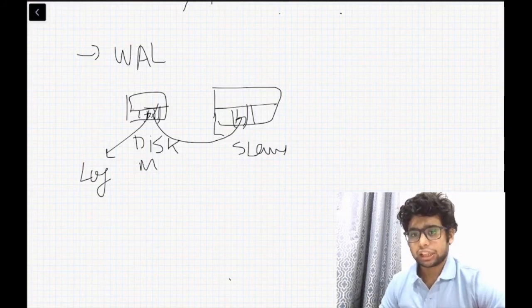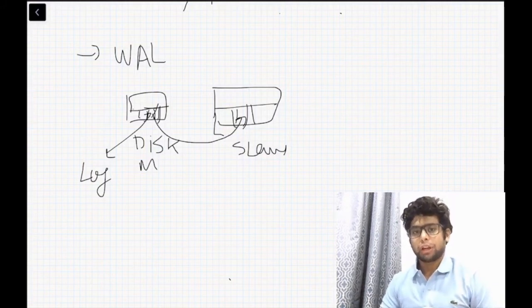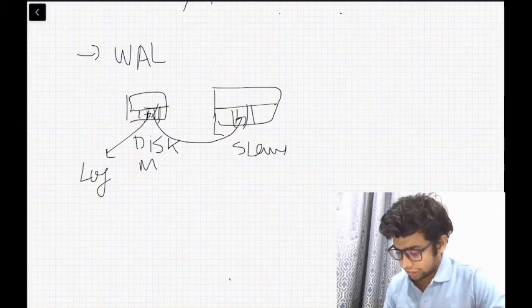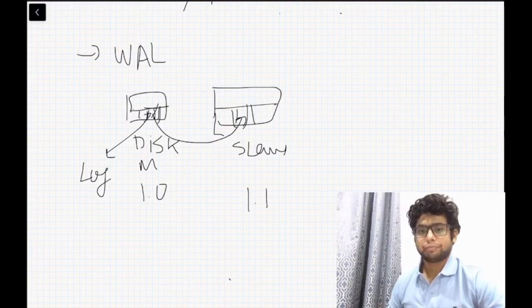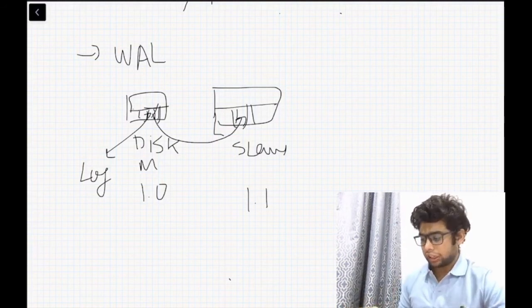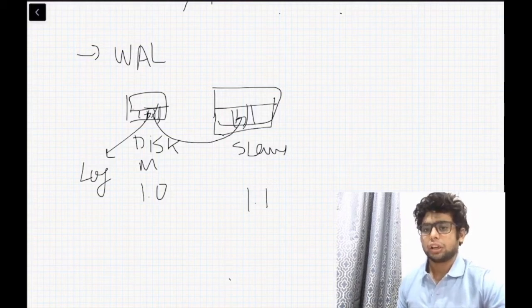The disadvantage of this is that, let's say I want to upgrade my system. So master is at version 1.0 and slave is at 1.1. I can't do this because the underlying architecture in which the data is saved, or let's say the architecture of these logs, can change, right?